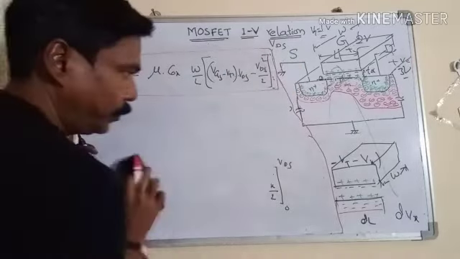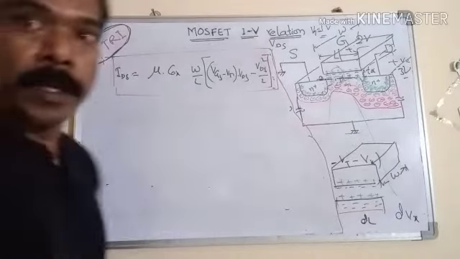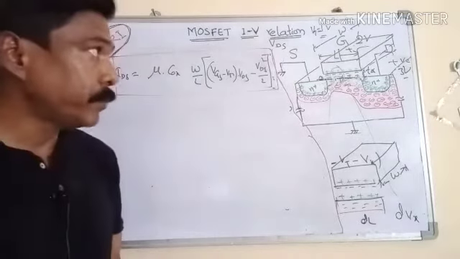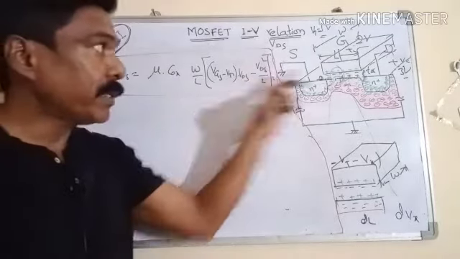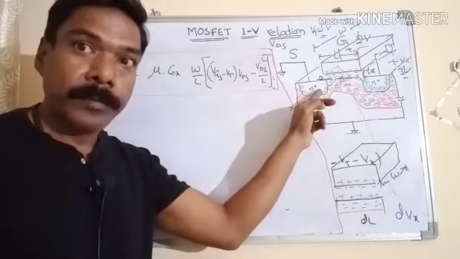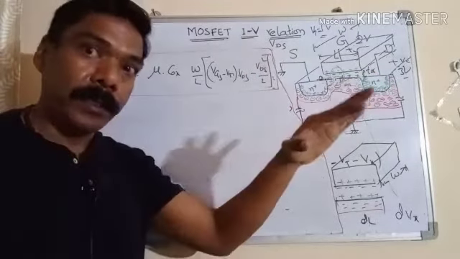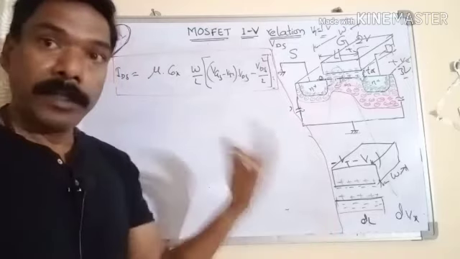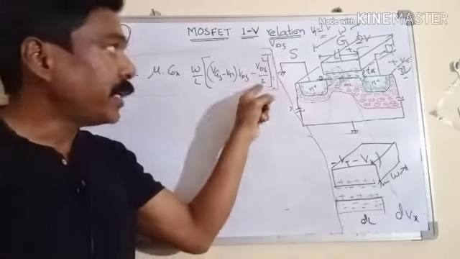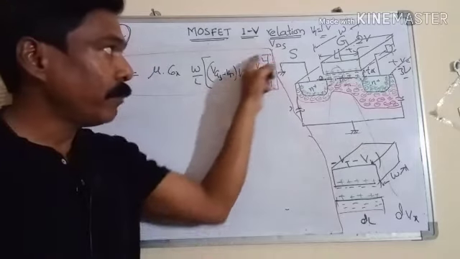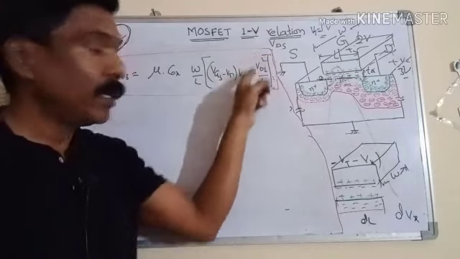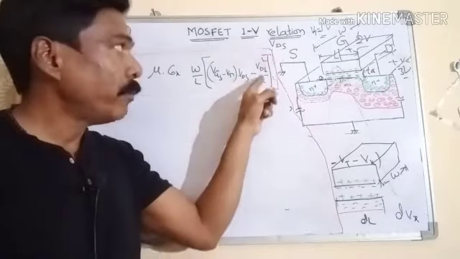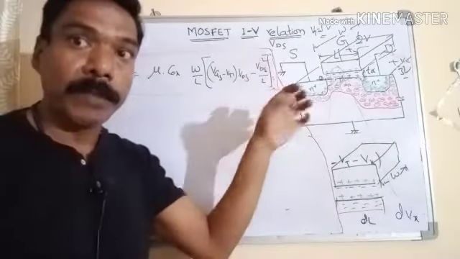Now, there are three cases. When VDS, drain to source voltage, is much less than Vgs minus Vt, then we can say VDS is very small. That time we can neglect this term, VDS square upon 2. This becomes negligible.